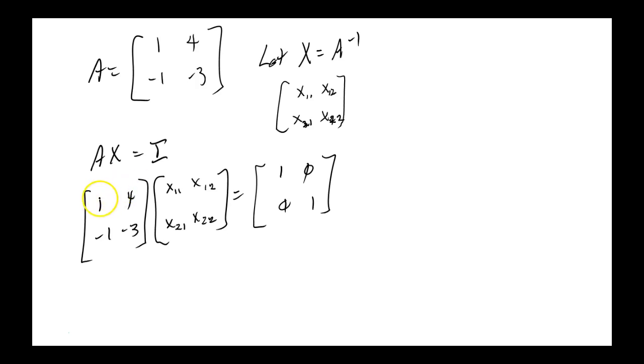Let's multiply these two together. What do you get? Do your matrix multiplication. It's going to be a square matrix, right?